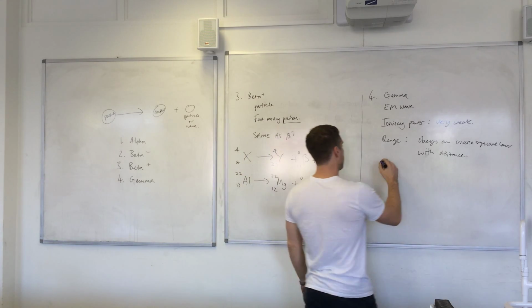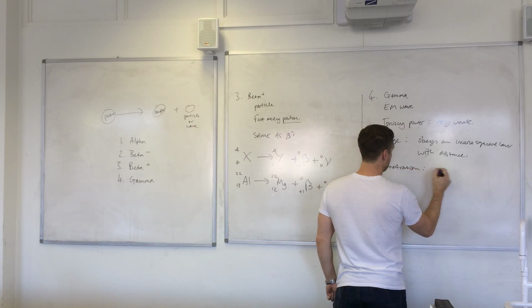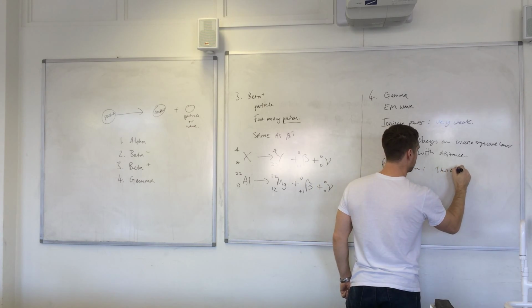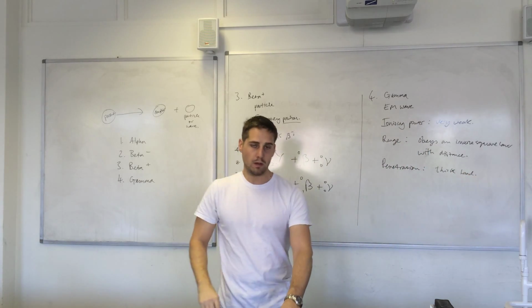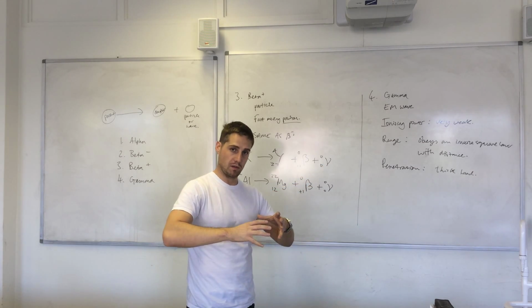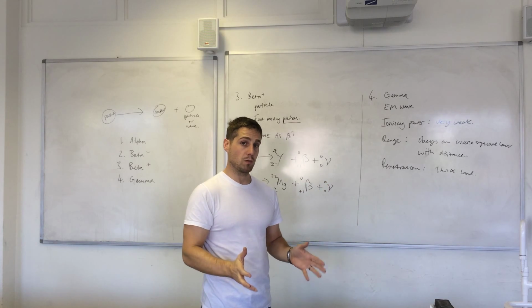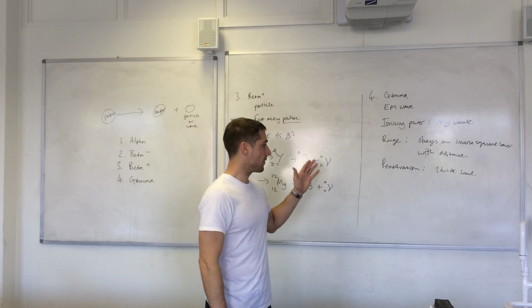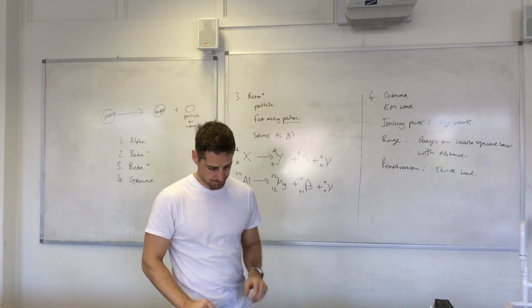To penetrate, the penetration power, you're going to need thick lead to stop it. So if you have a source that is emitting gamma radiation, you'll need to put that in some container with a lot of lead surrounding it to keep the radiation from escaping that container.